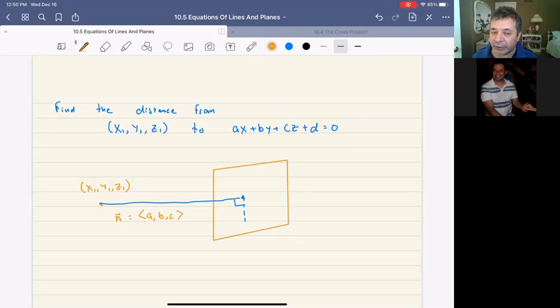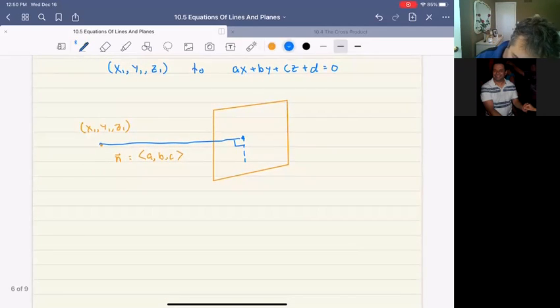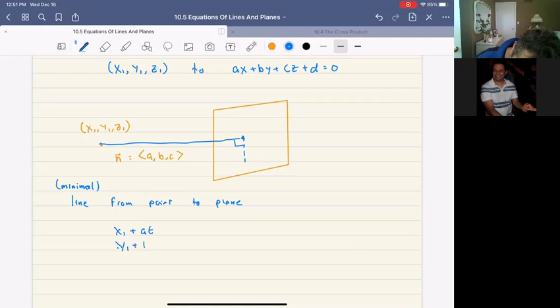Again, we're going to ask, when does it intersect the plane? So our line connecting the point to the plane, now, it's not the only line, but it's the minimal line, the one that's going to give us the minimum distance, is going to be x1 plus at, y1 plus bt, z1 plus ct.